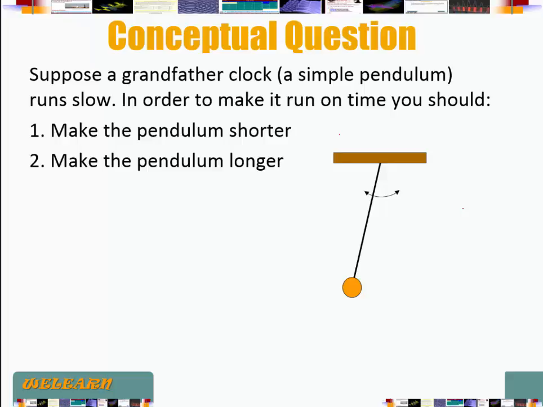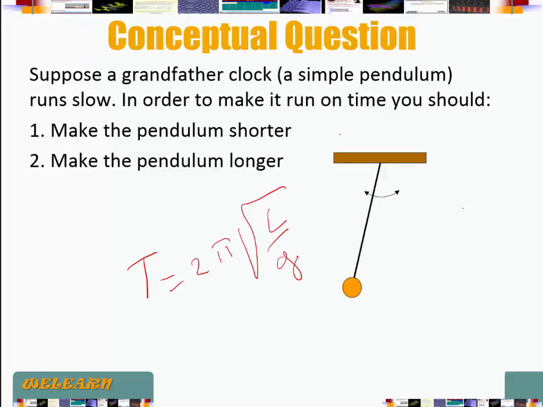Okay, now if it runs slow, it means it takes a longer time for it to make the oscillation than needed. The time it takes to make an oscillation is what we call the period. And the period is given by T = 2π√(L/g).